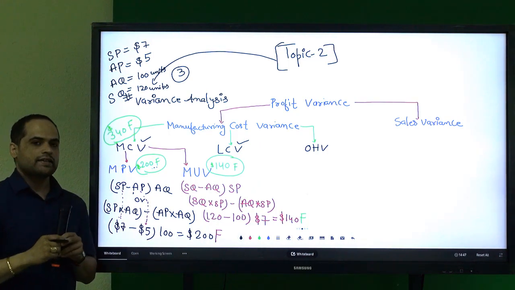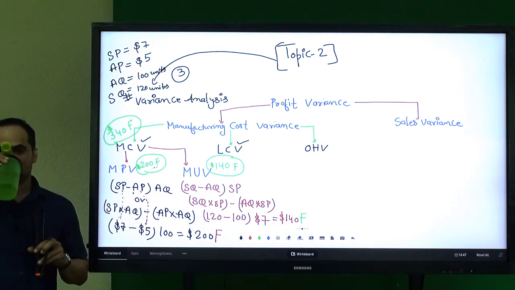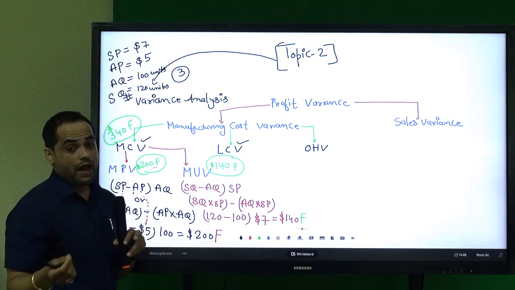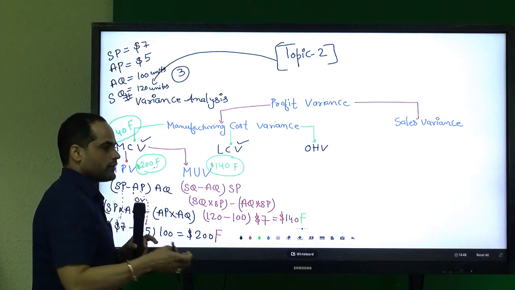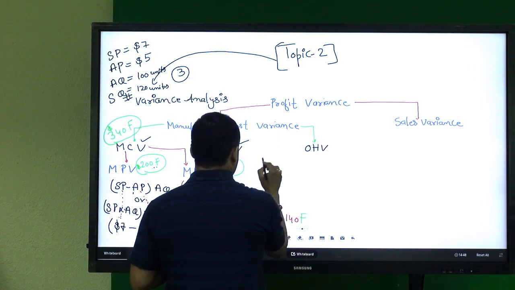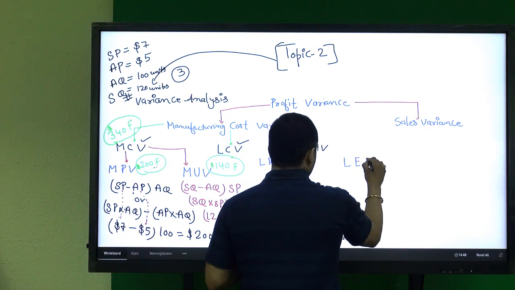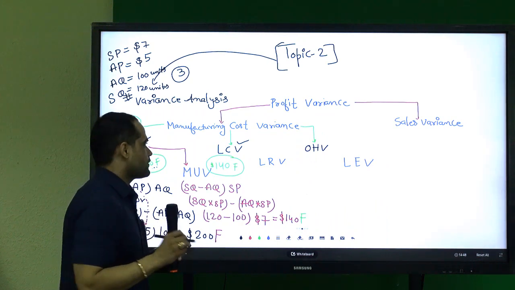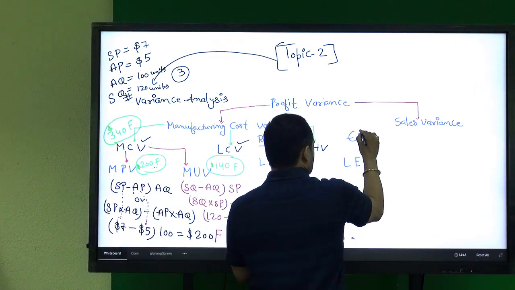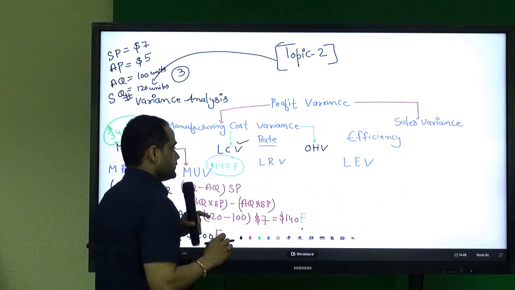Labor cost variance is the combination of two different variances: labor rate variance, R-A-T-E, and labor efficiency variance.